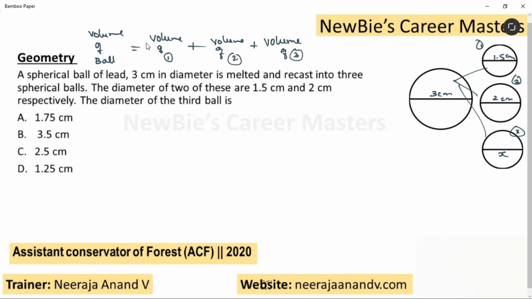I hope the logic is clear. If you take the sum of all these 3 numbers, you have to get this value. This ball is melted and then we got these 3 balls, right? Sum of the volumes of these balls should be equal to volume of this ball. I hope this is clear.